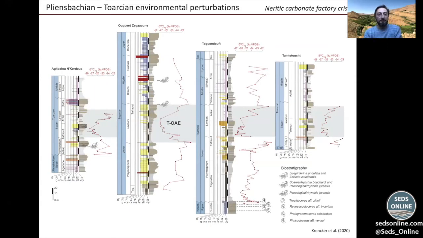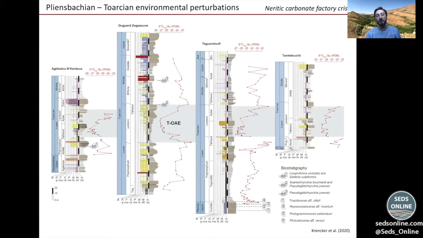And using chemostratigraphy as well, we can extend that even to places where we do not have good biostratigraphic control in the basin. There is no example shown here, but we have also sections that we have logged in continental deposits, where we are still able to recognize the negative carbon isotope excursion of the Toarcian oceanic anoxic event.